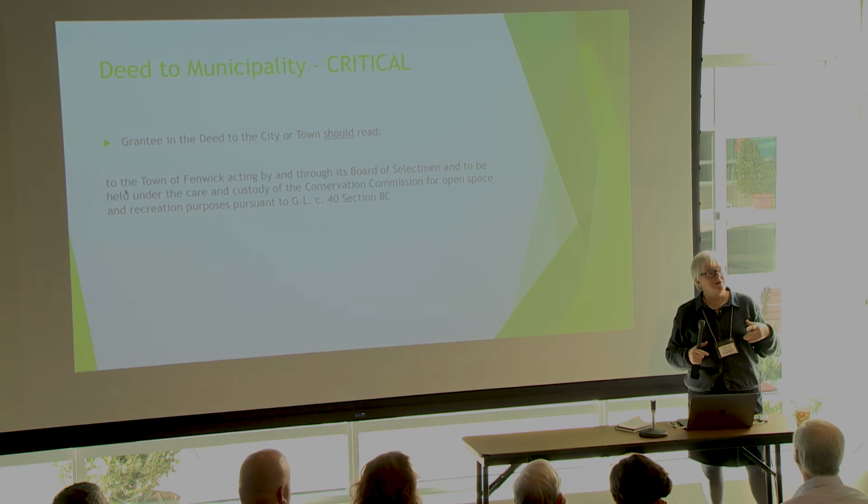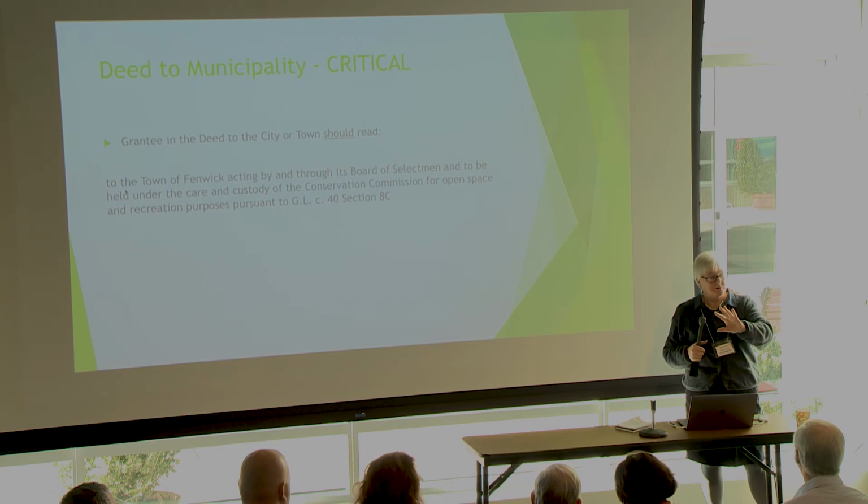So the idea was, and I've done this with CPA purchases, that we do a vote that transfers the property from the city for general municipal purposes to conservation, parks, as designated on an attached sketch plan. But those are all Article 97 purposes.